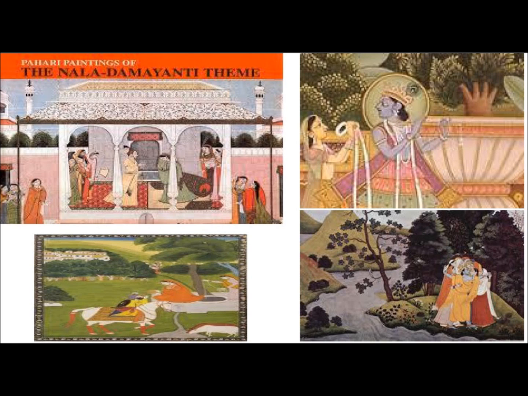Just mind that there are different types of Pahari painting, for example Basholi, Jammu, Garhwal, Chamba, Kangra, Guler and Mandi. You need not remember all the names, just try to remember 2 or 3 points. I am again repeating: Basholi, Jammu, Garhwal, Chamba, Kangra, Guler and Mandi.